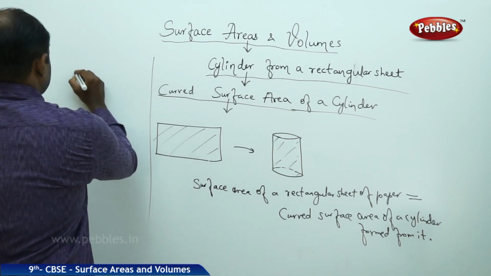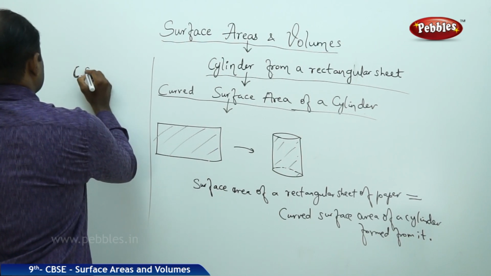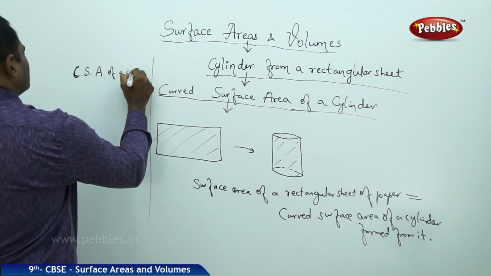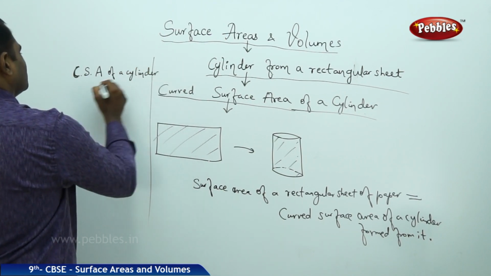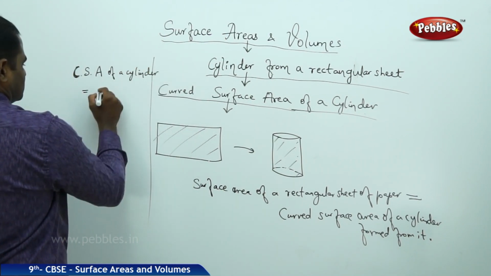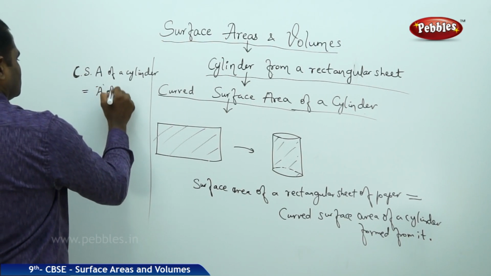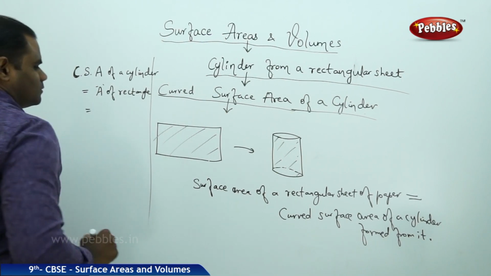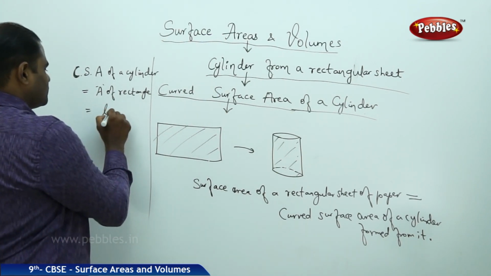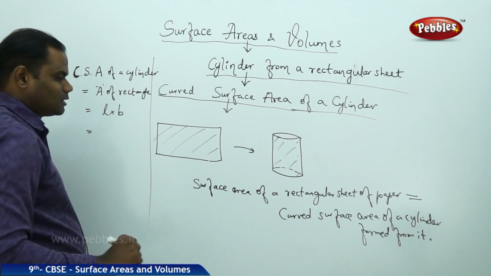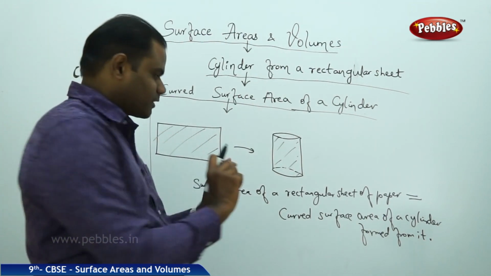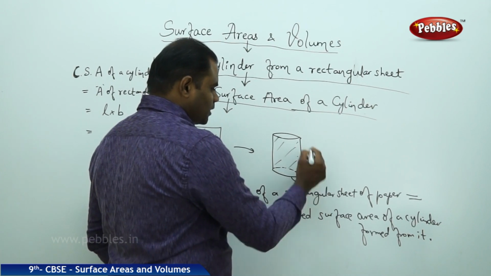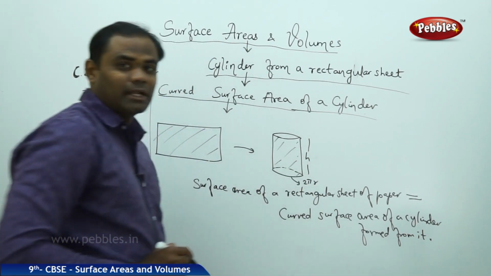So here, the curved surface area, which I denote by CSA, of a cylinder is nothing but the area of a rectangle, that is length into breadth. But my length forms the circumference, as seen in the previous case, which gives me the circumference 2 pi r, and the breadth gives me the height h.